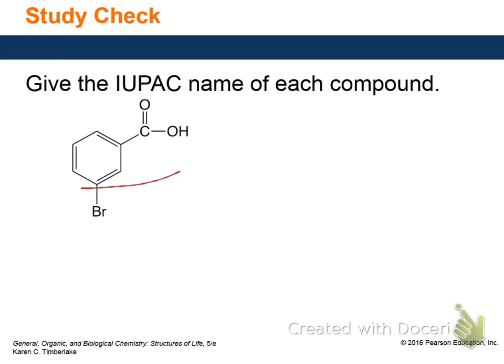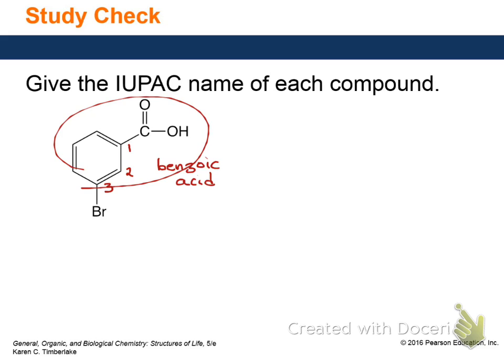So this is benzoic acid. And then when you number benzoic acid, you start from the carboxylic acid, and then you go in the direction that gives you the lowest possible number for the first substituent. So you're going to go in this direction.